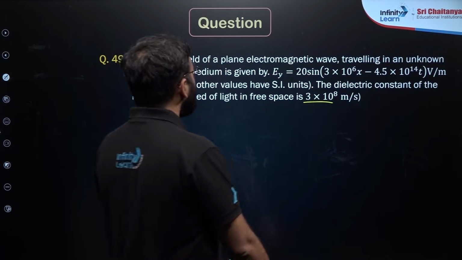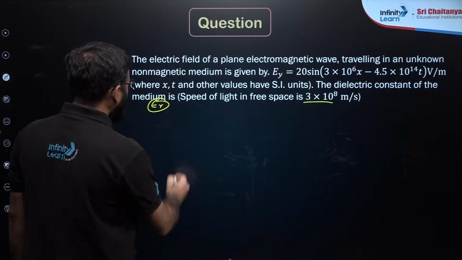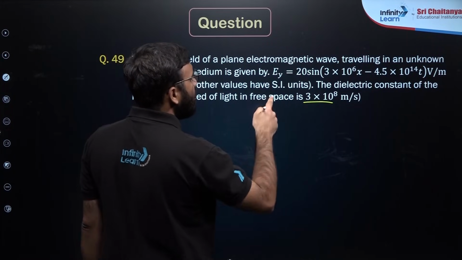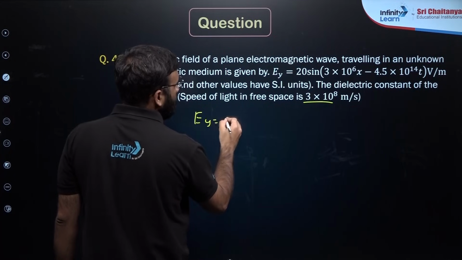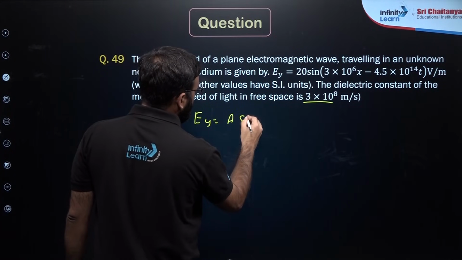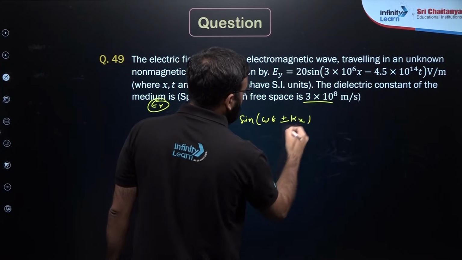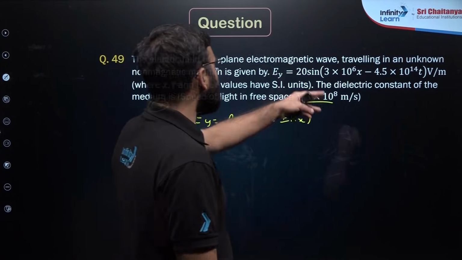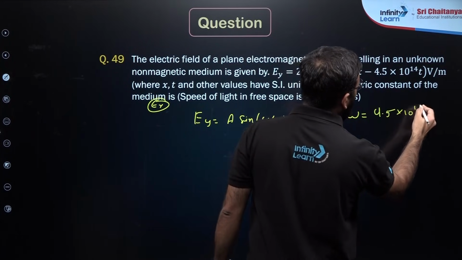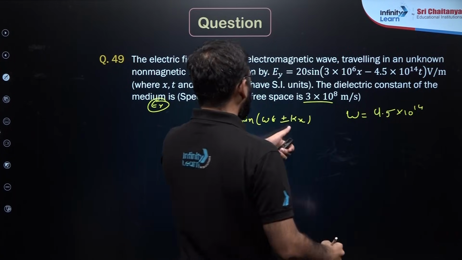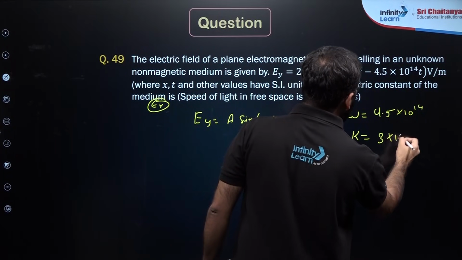Just compare this with the standard wave equation, Ey equals a sine (omega t plus or minus kx). So what is the omega value? Omega is 4.5 into 10 to the power 14, and k is 3 into 10 to the power 6.